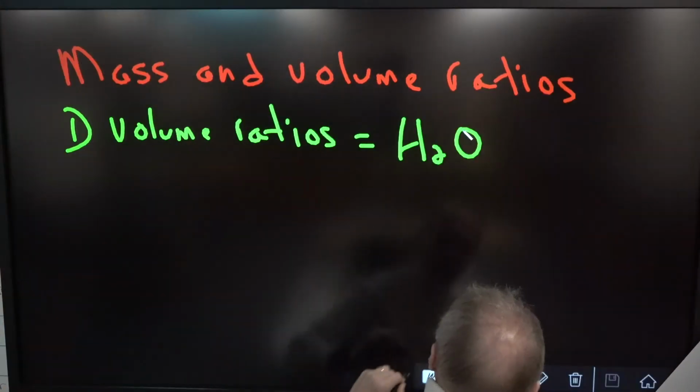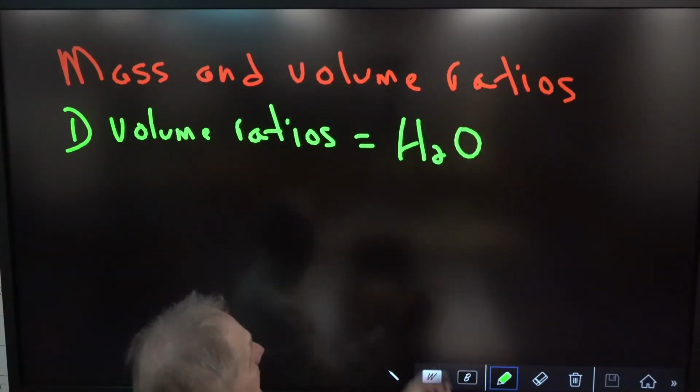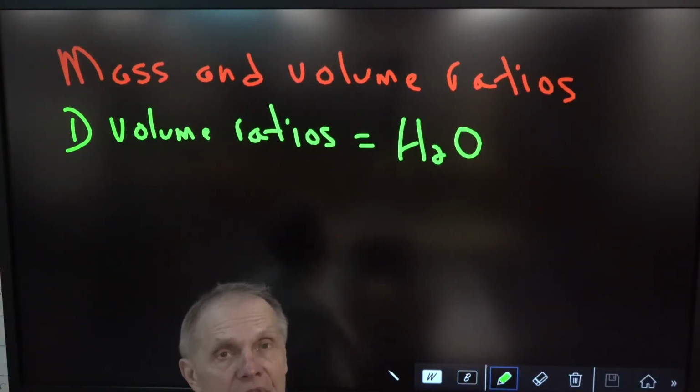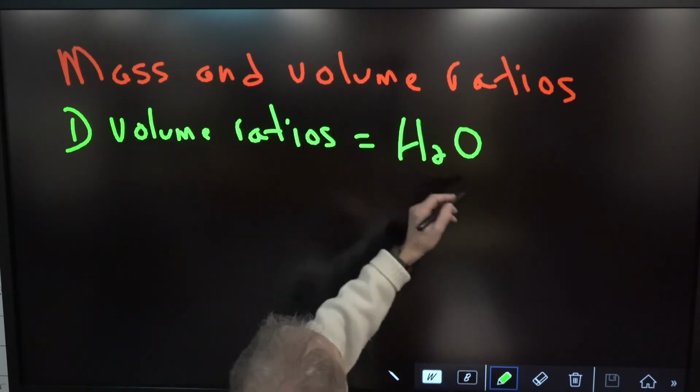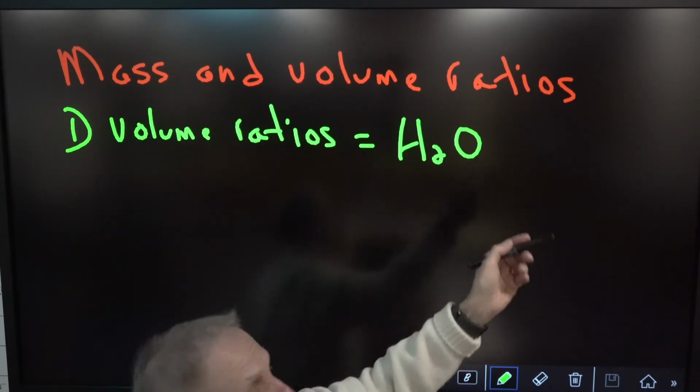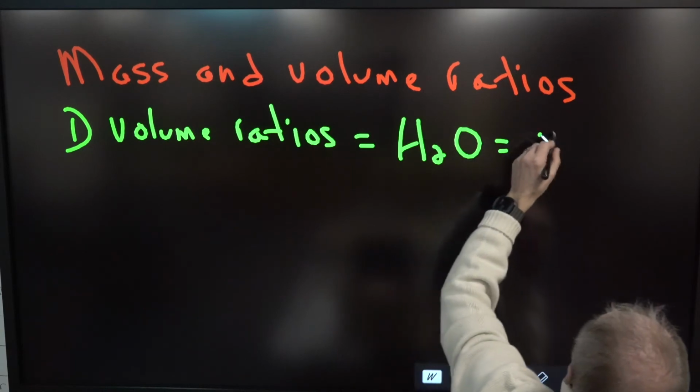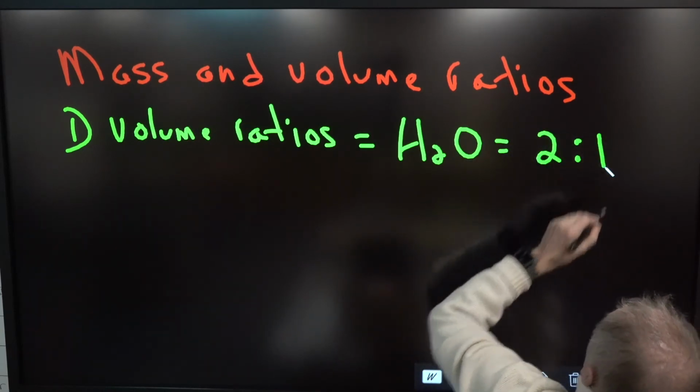Now, another couple easy things, volume and mass ratio. So let's take H2O volume ratio. You just look at the subscripts. 2 to 1. So this volume ratio would be 2 to 1.